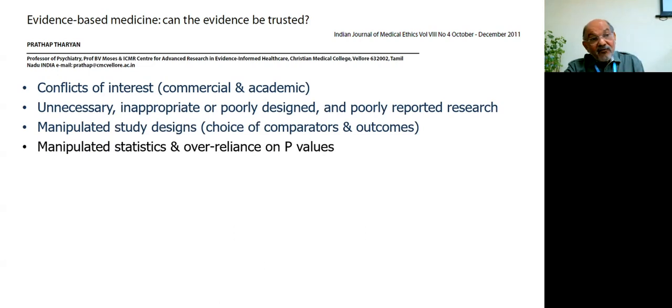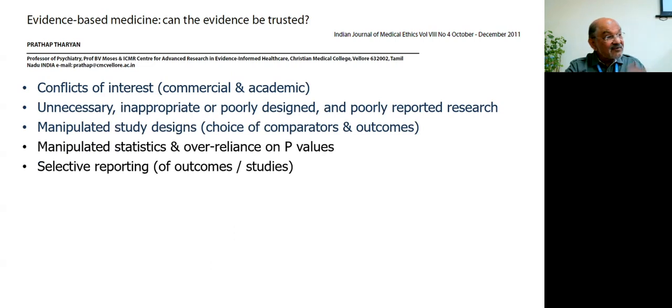And there is a lot of over-reliance on p-values. And I'll elaborate on that more. There's a lot of selective reporting of studies. Often people only report studies which are statistically significant and favor their results. Or even the outcomes are changed. Primary outcome will become secondary outcome. Secondary outcome, because it's statistically significant, becomes primary outcome. A lot of manipulation of reporting.